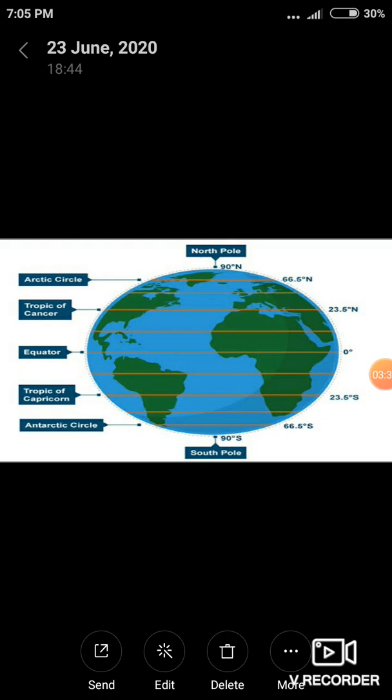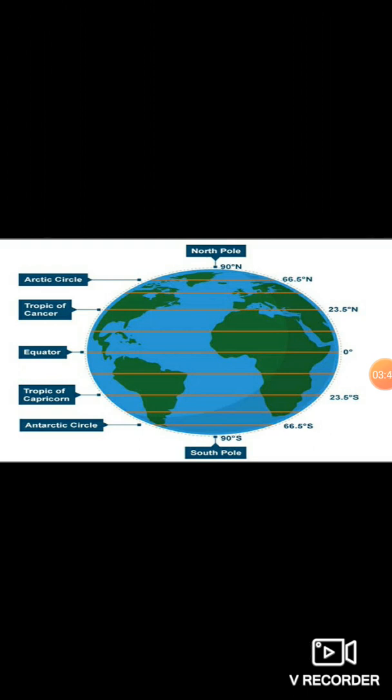The equator divides the earth into two equal halves. The northern half is known as the northern hemisphere and the southern half is known as the southern hemisphere. They are both equal halves. Therefore, the equator is an imaginary circular line and is a very important reference point to locate places on the earth.